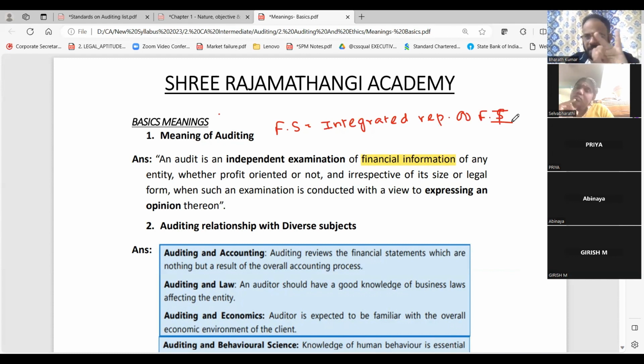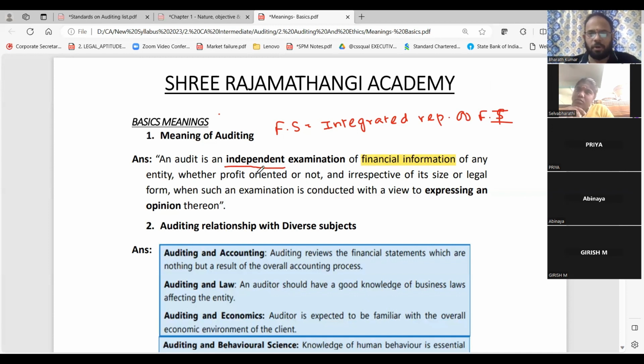Indirectly, balance sheet plus P&L plus cash flow statement plus statement of changes in equity plus notes on accounts. That integrated representation of your financial information is your financial statement. That you should do as an independent examination. That means nobody should influence you. What you give as an audit, that only is your audit.